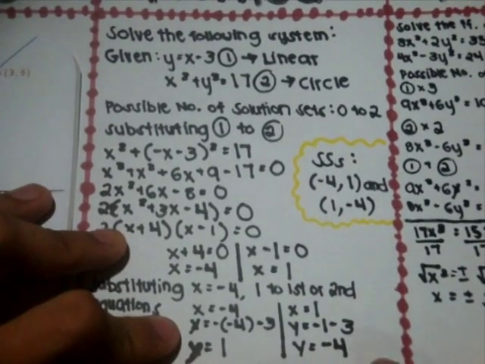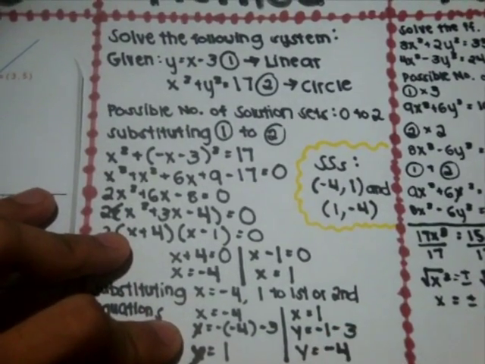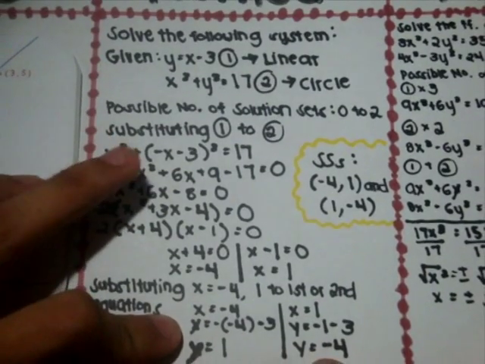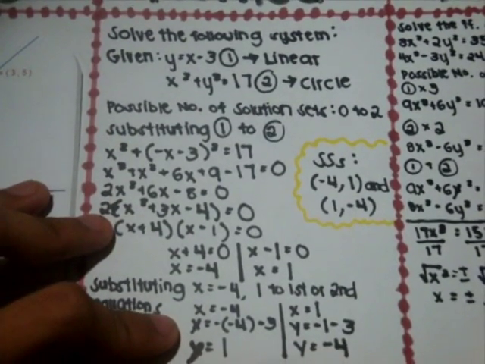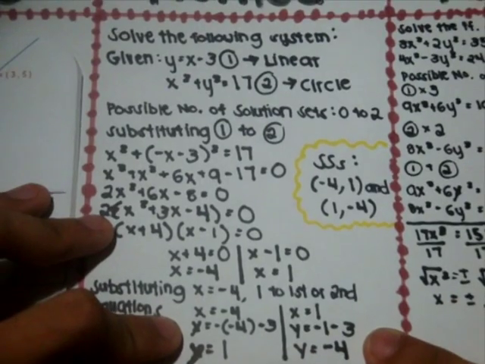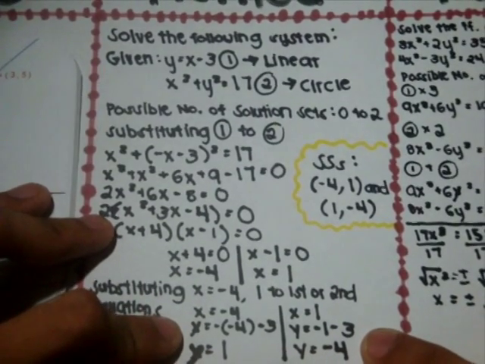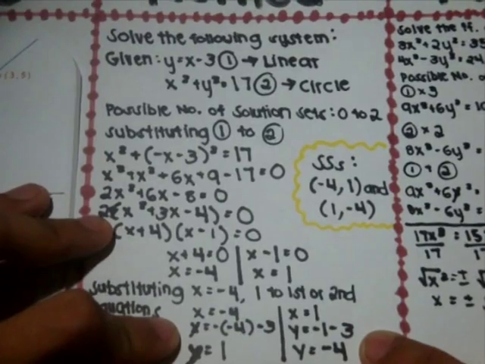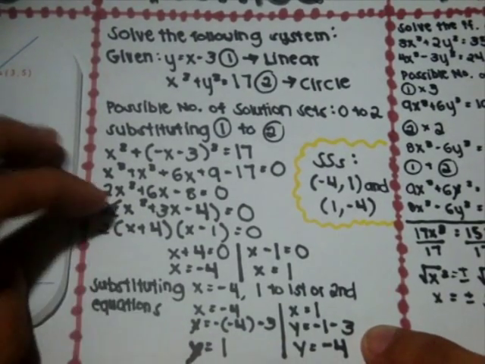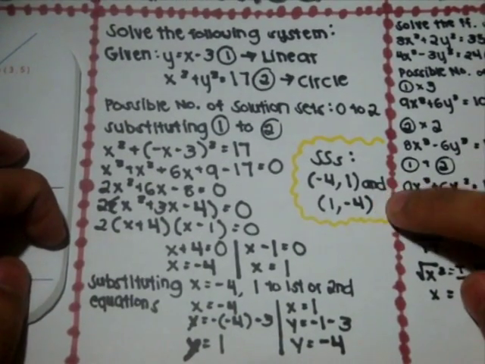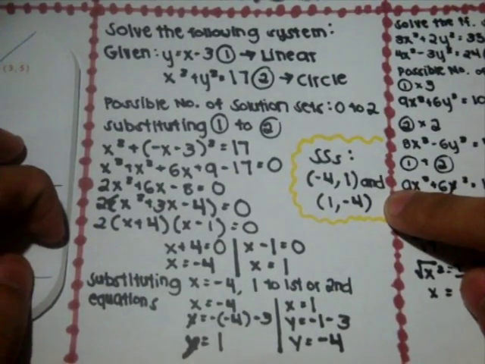And then on the other side, x is equal to 1, we substitute it to the first equation as well. We have y is equal to 1 minus 3, and then arrive with y is equal to negative 4. So the solution set that satisfies the two equations are negative 4, 1 and 1, negative 4.